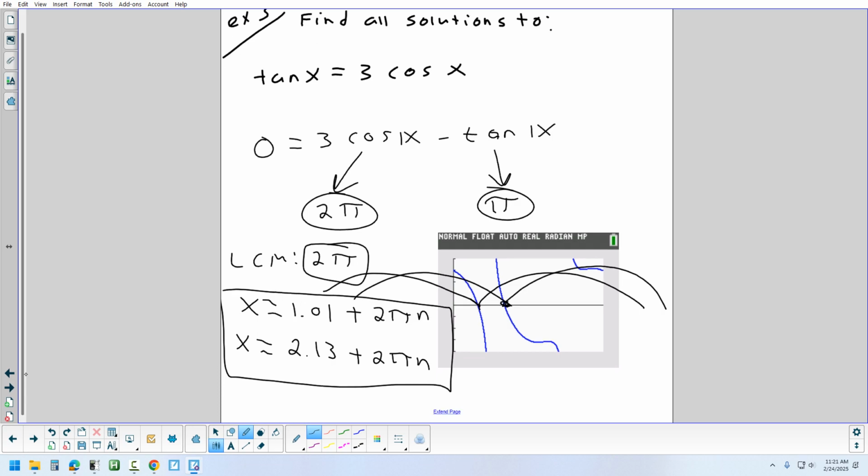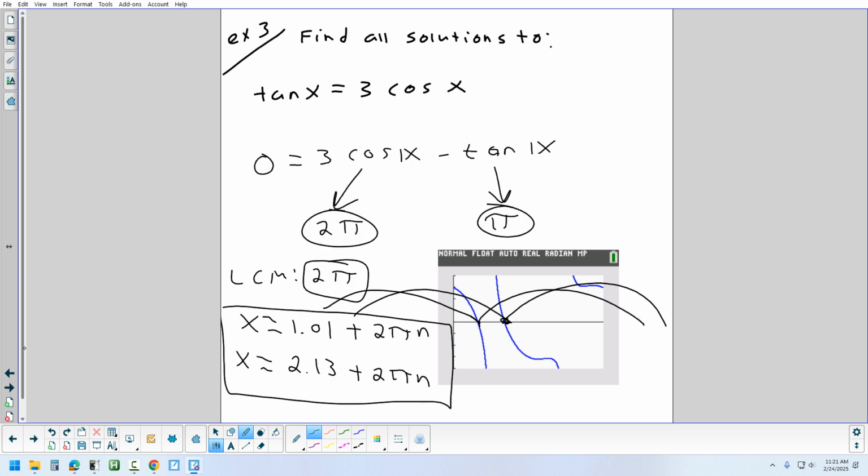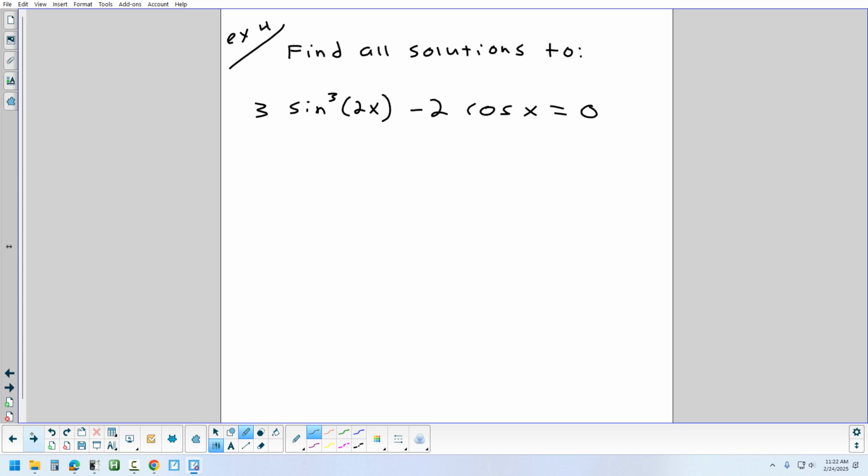Okay. So no ASTC chart today because we're using the calculator. Later in chapter 7, we'll come back to that. Okay, let's try this one. What's the first thing that we want to start out by doing?